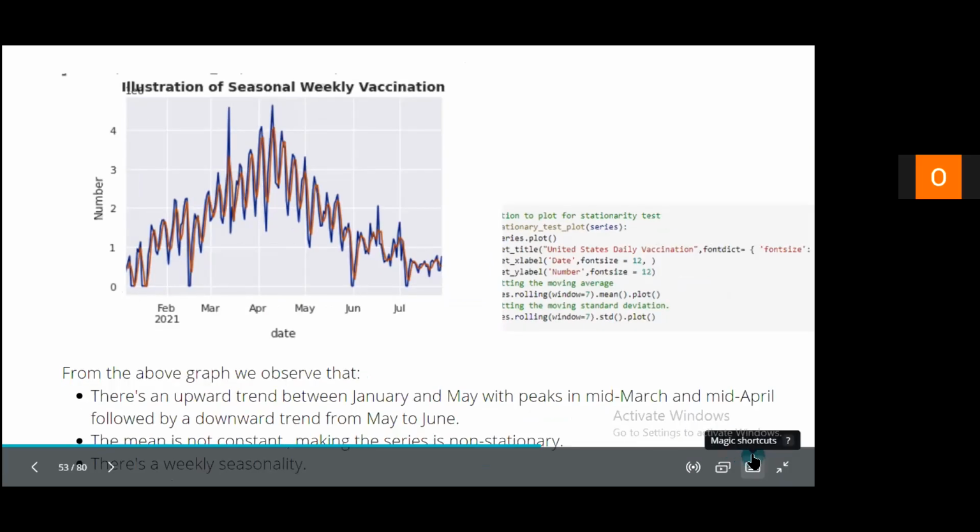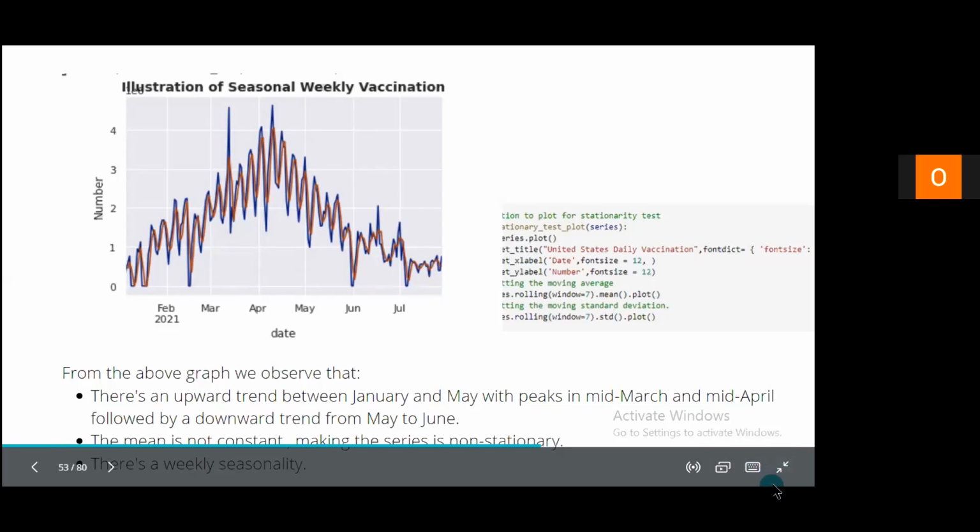In addition to that, we can see a sort of seasonality, whereby the red plot is a moving average. We can see a rise and fall in the moving average, and this happens weekly. At the beginning of the week, fewer people are getting vaccinated, say on weekends, maybe on a Sunday. And more people get vaccinated towards midweek, where maybe on a Wednesday there was a peak, then it drops over the weekend.